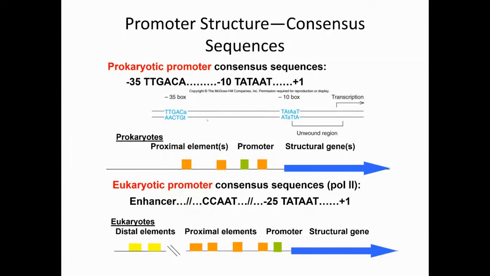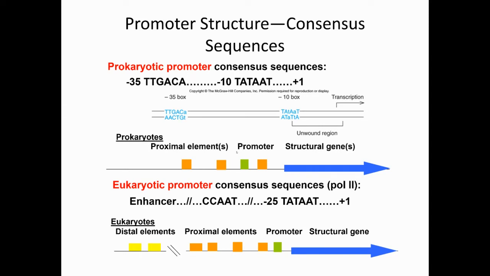For the prokaryotic cell, the consensus sequence, the strong promoter, has basically two signals. One is -10, the other is -35. We have the TATA box at -10. These are very important because they are the signals that tell the RNA polymerase where to bind so that it can initiate transcription. So that's the prokaryotic cell.